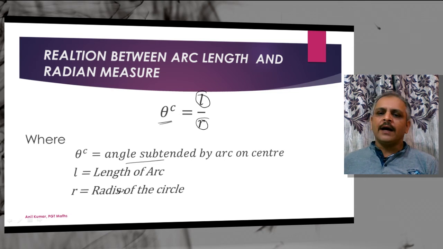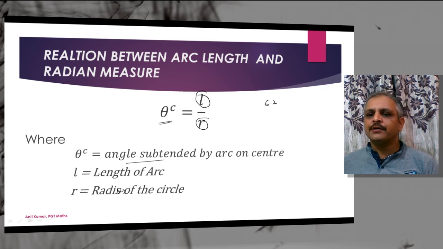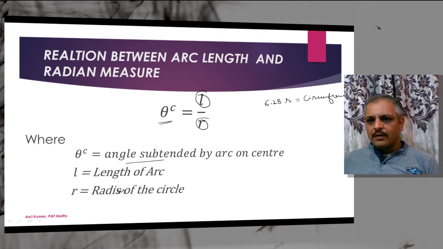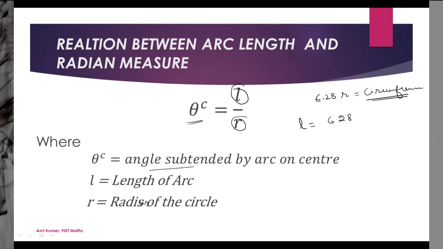There I saw that the complete was 6.28, the arc length was equal to 6.28 radius. So this is equal to the circumference. That is L. L was 6.28 R. If I divide this L with R, R will be cancelled, 6.28, which is equal to 2 into 3.14, or you can say 2 into pi.